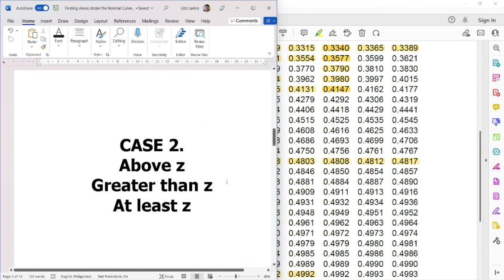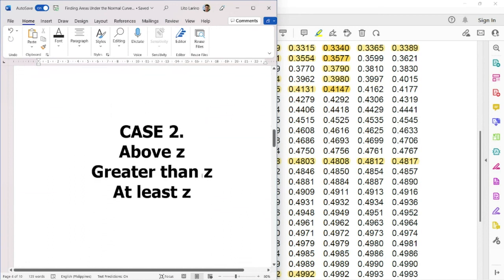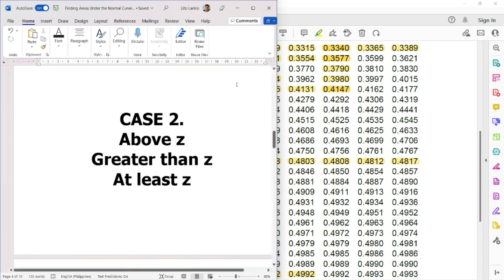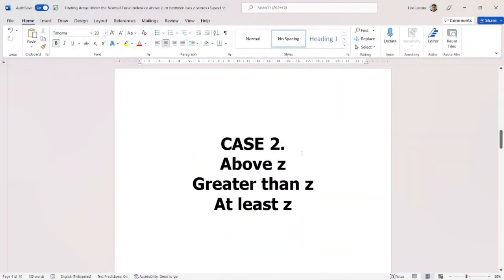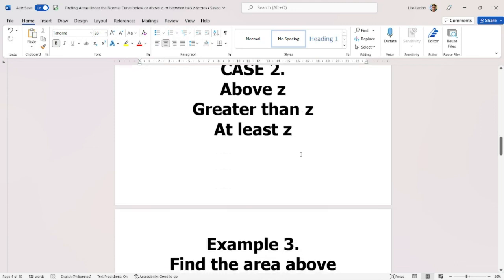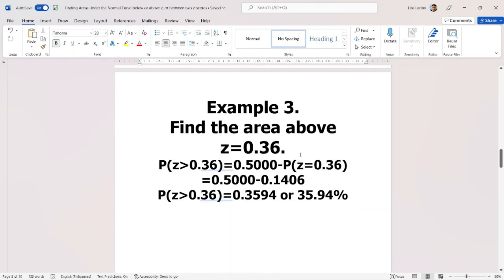And we have case number 2, when we are asked to give the area above the given z-score. That is, we have greater than the given z-score or at least the given z-score. Let's have example number 3.